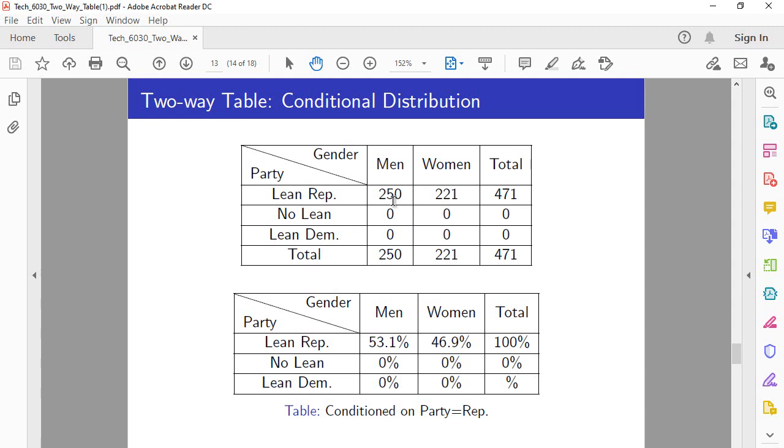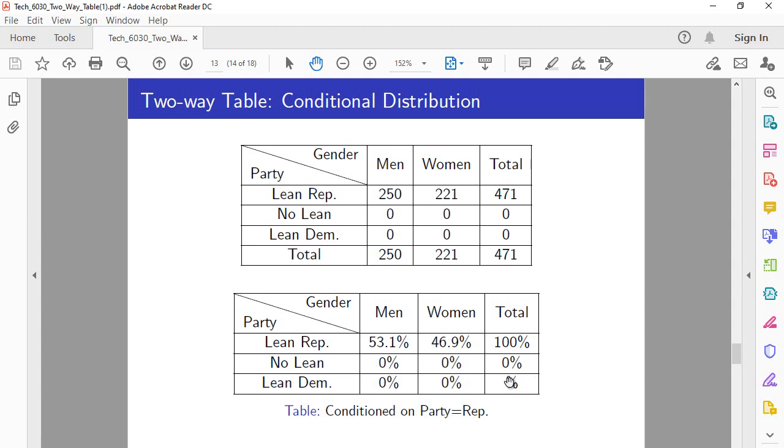So you only keep the count for the Republican Party. Among all the adults that were picked, a total of 471 of them preferred the Republican Party, where 250 of them were men and 221 of them were women. So now I divide 250 by 471 and 221 by 471. And if we do that, we get 53.1% and 46.9%.